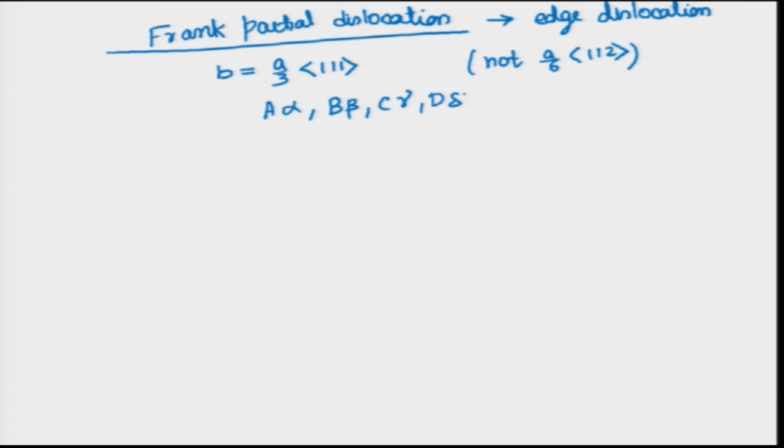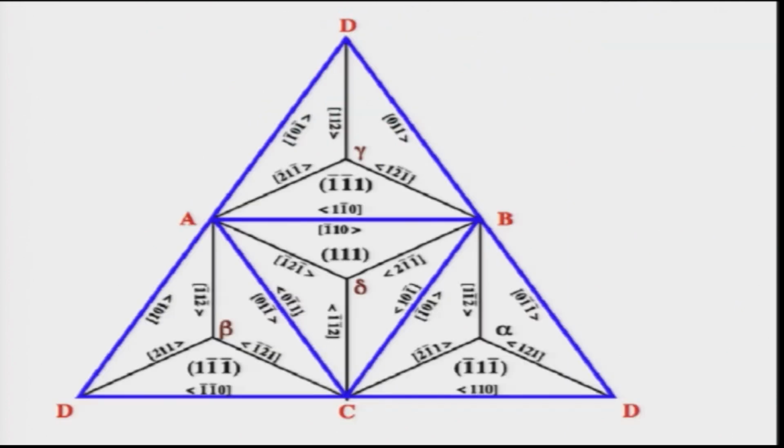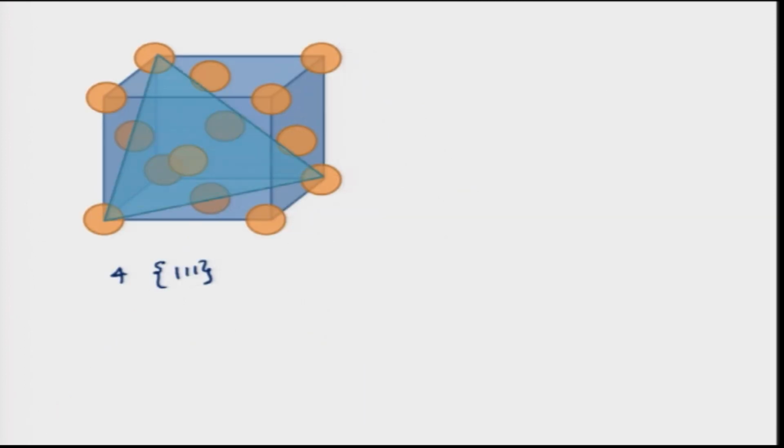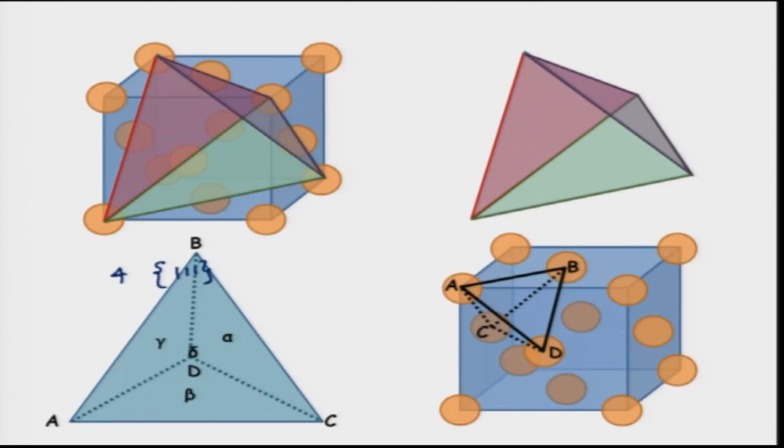So, if you look at the Burgers vectors, let us get back to here, and you have alpha here and A over here. So, there will be in the shape of a triangle, or if I go back even further. So, if I go back to here, D delta is a line going from the top of this tetrahedron to the center of this triangle.